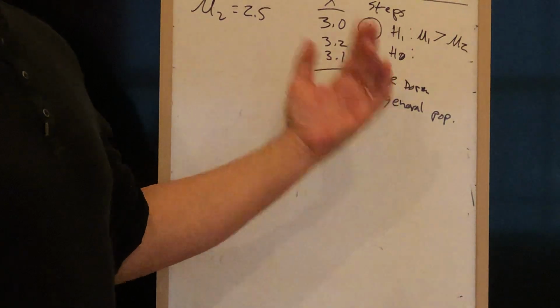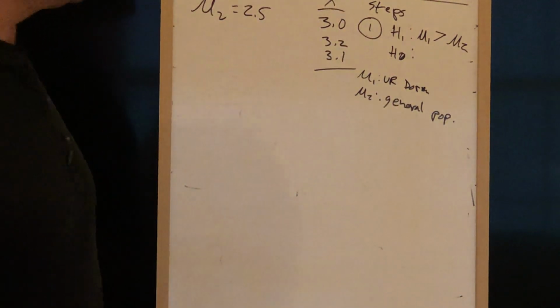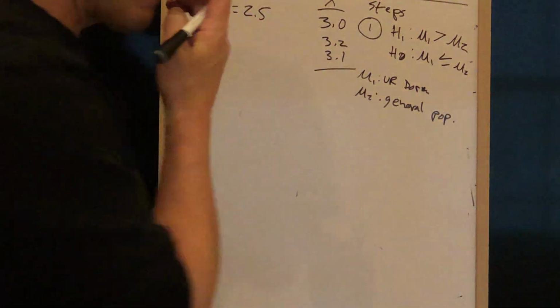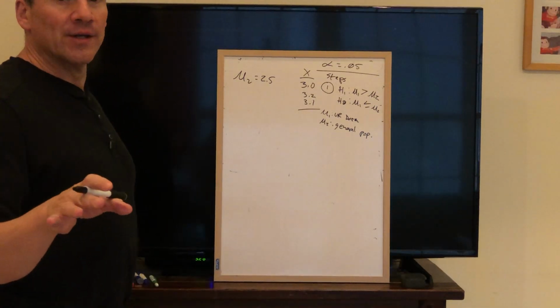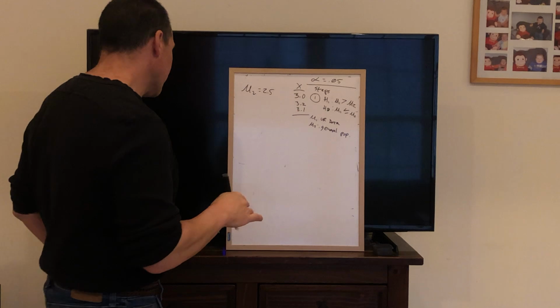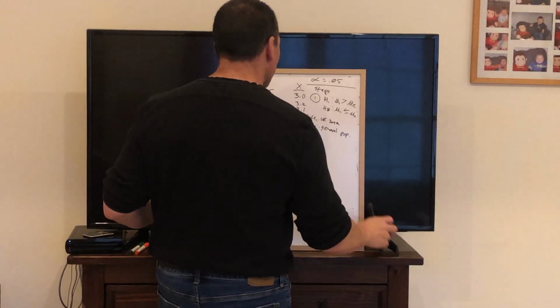The null hypothesis follows the same policies that we've been doing. It's the opposite, and it includes equal signs. So mu sub 1 is less than or equal to mu sub 2. So far, so good. No changes. Step number 2 is going to be a little bit different.